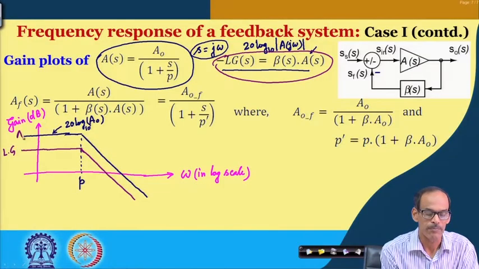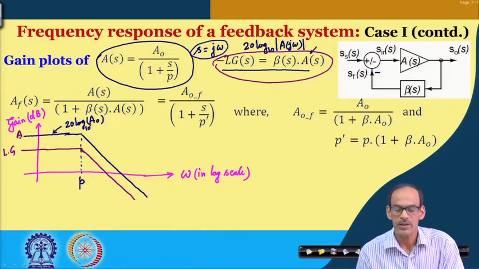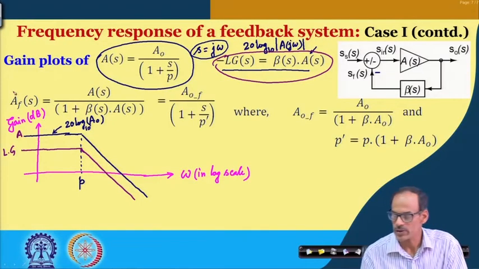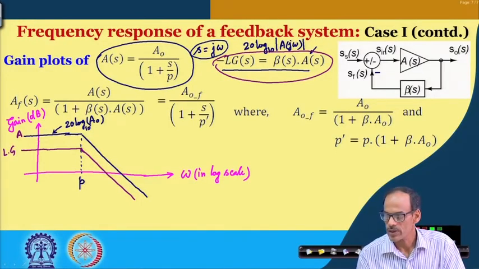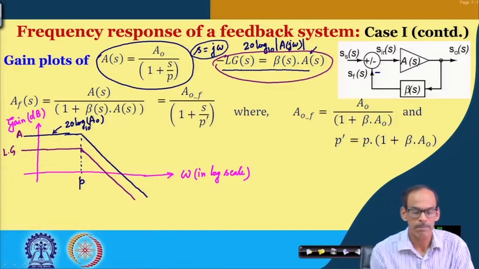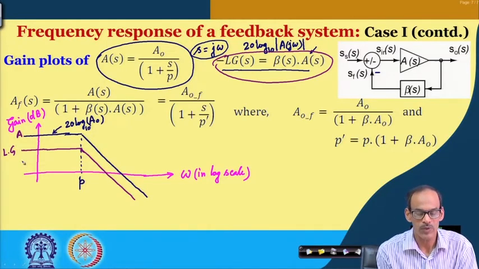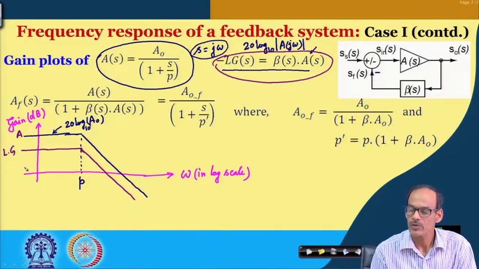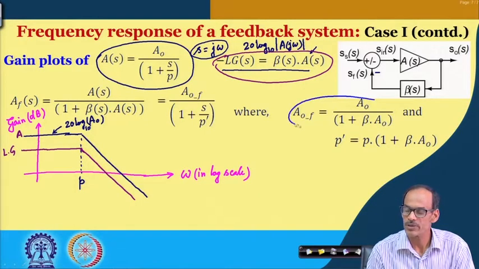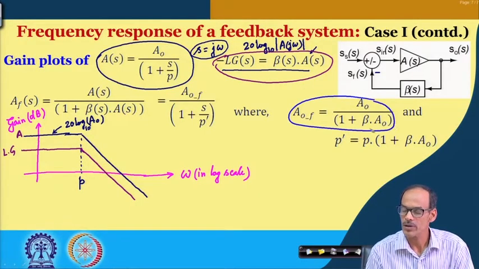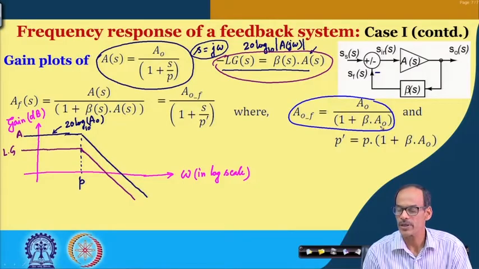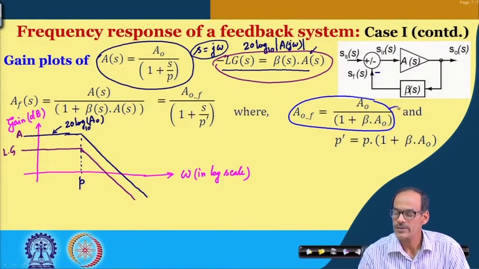And this is A. And then if you consider AF, in the low frequency regime we have a gain A naught divided by 1 plus beta into A. You may say that this is approximately 1 by beta.